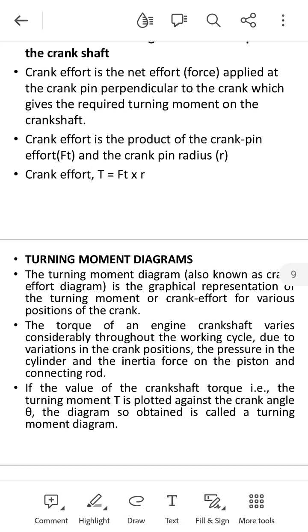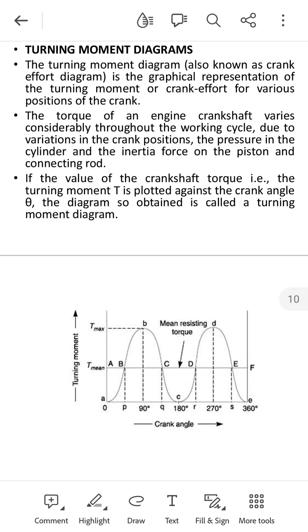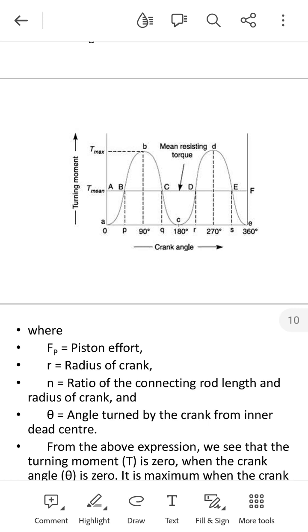If the value of crankshaft torque, that is the turning moment T, is plotted against the crank angle theta, the diagram so obtained is called the turning moment diagram, where Ft is the piston effort, R is the radius of crank, n is the ratio of the connecting rod length to radius of crank, and theta is the angle turned by the crank from inner dead center.